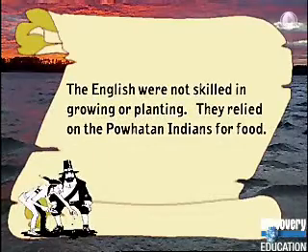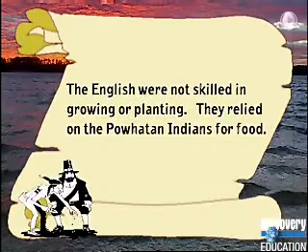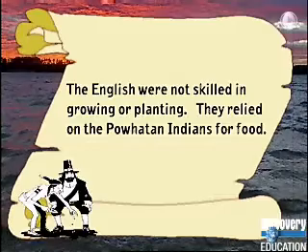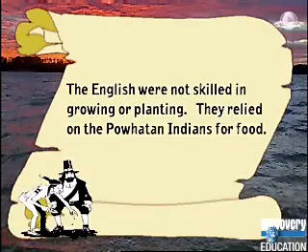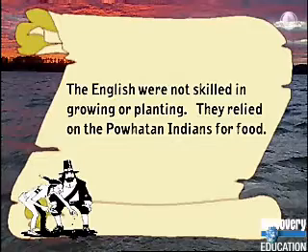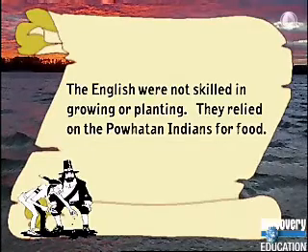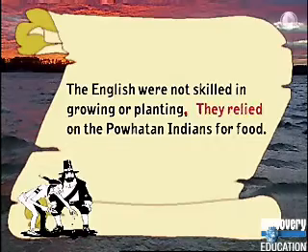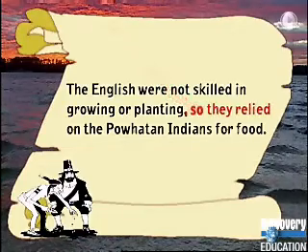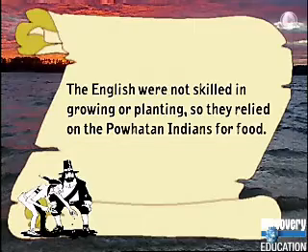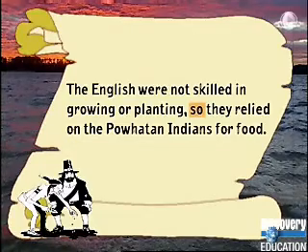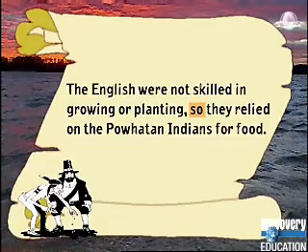If a writer wanted to combine these two sentences using a conjunction, what conjunction should be used? The English were not skilled in growing or planting. They relied on the Powhatan Indians for food. The conjunction "so" was used to combine these two simple sentences into a compound sentence.